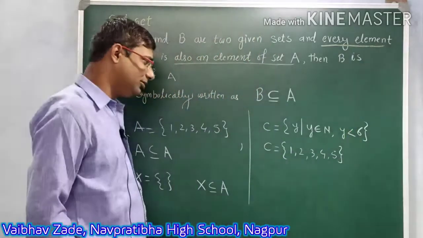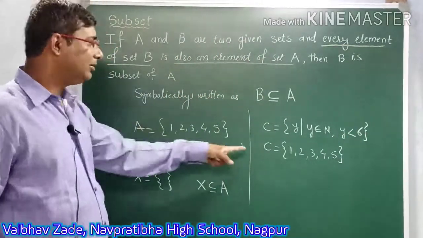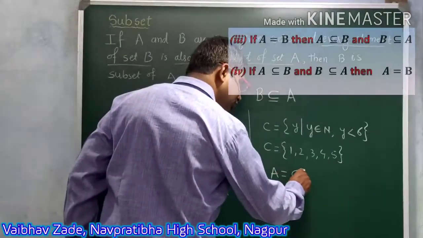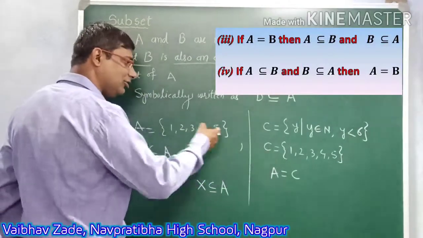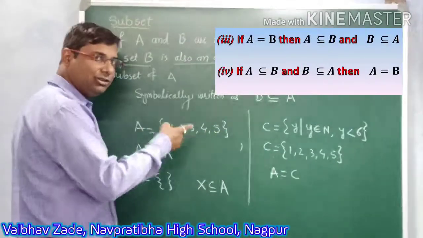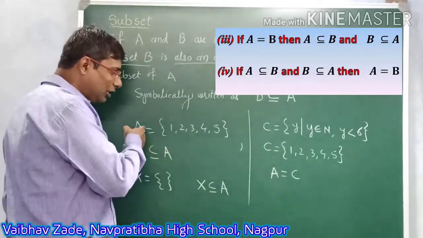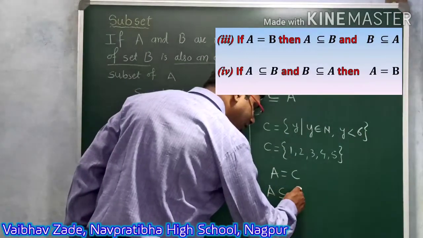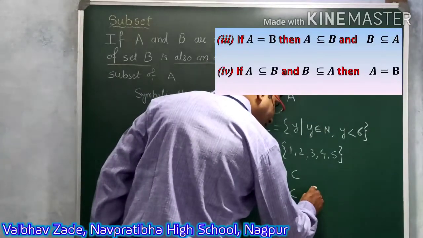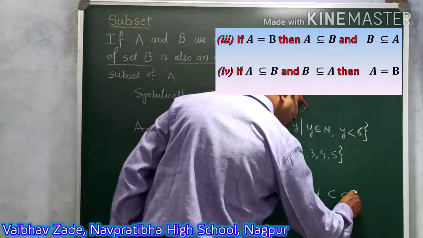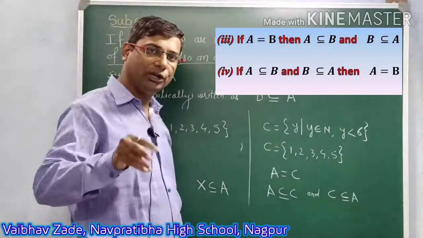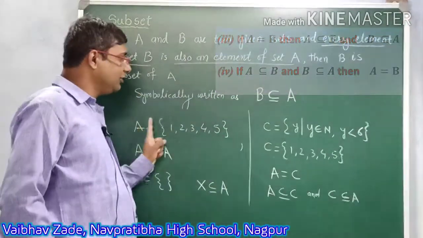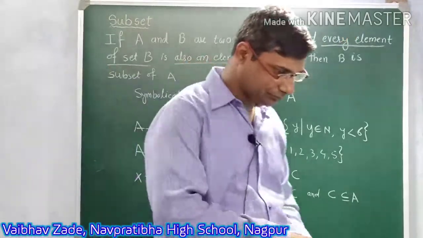What do we get here? A and C are both equal sets. A equals C because A and C contain the same elements and the same number of elements. What we say is that A is a subset of C and C is a subset of A, and it means every two equal sets are subsets of each other. Here C is a subset of A and A is a subset of C.